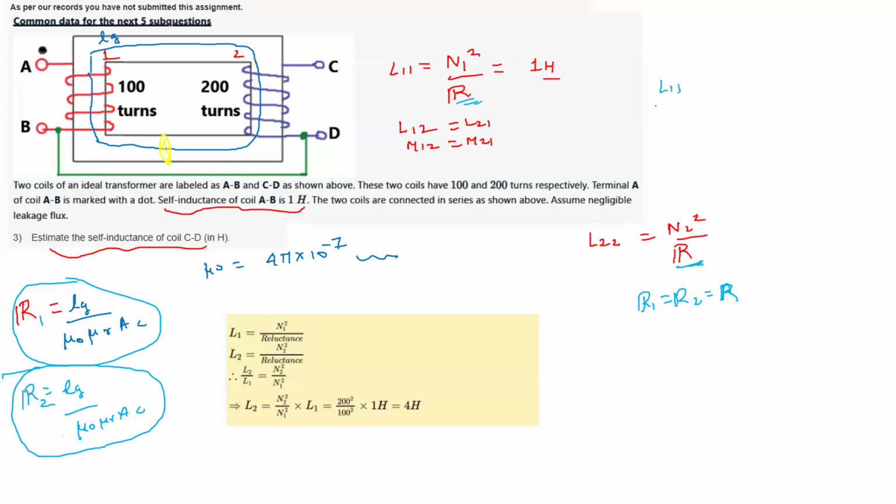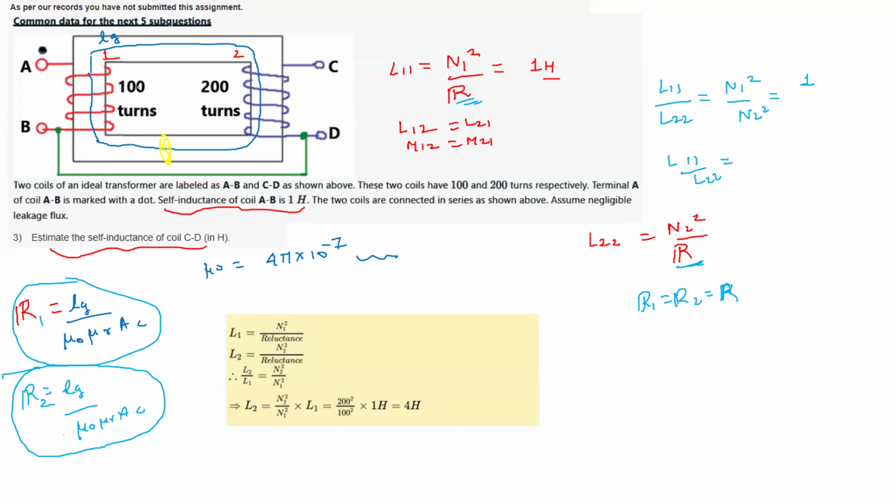So if I take the ratio L11 by L22, it becomes N1 square by N2 square.